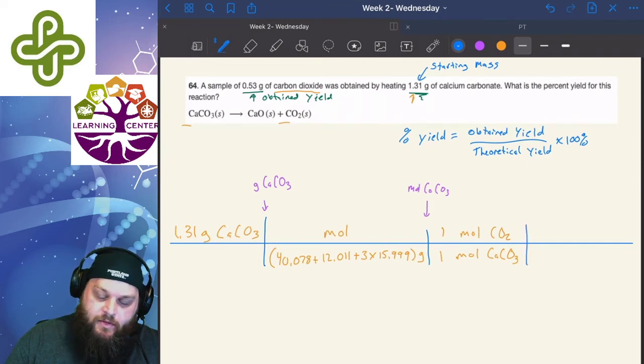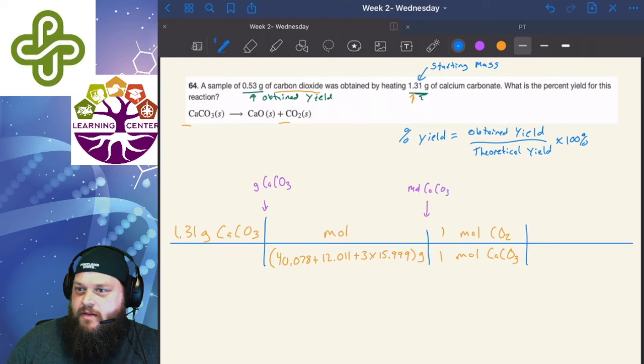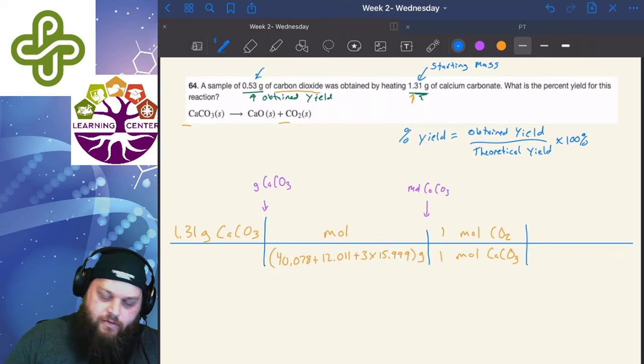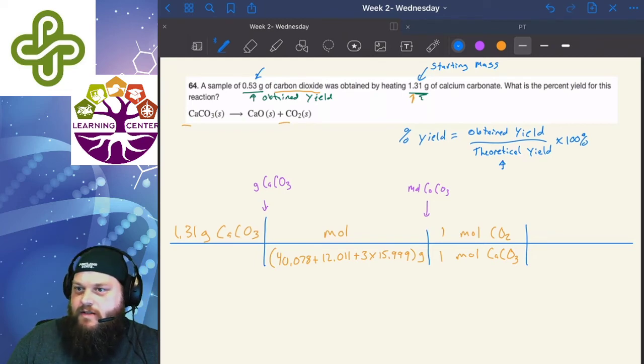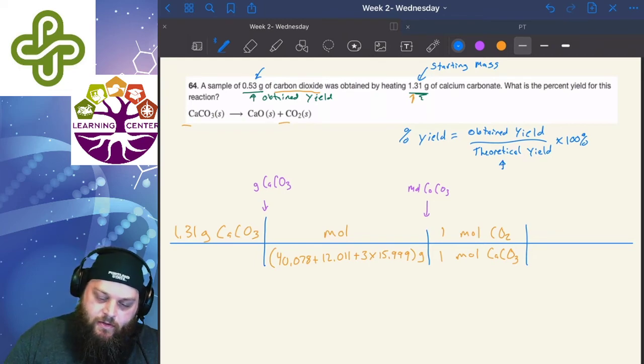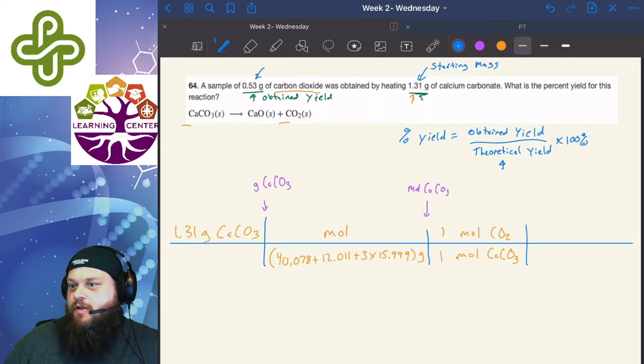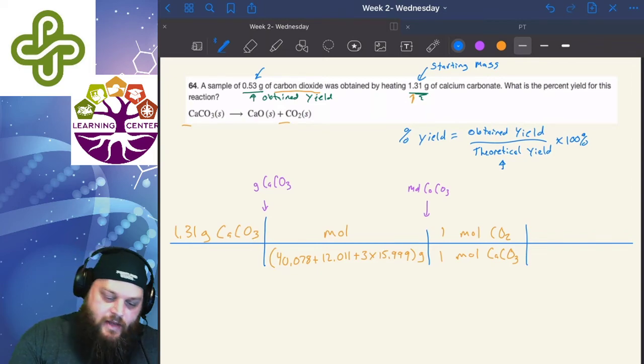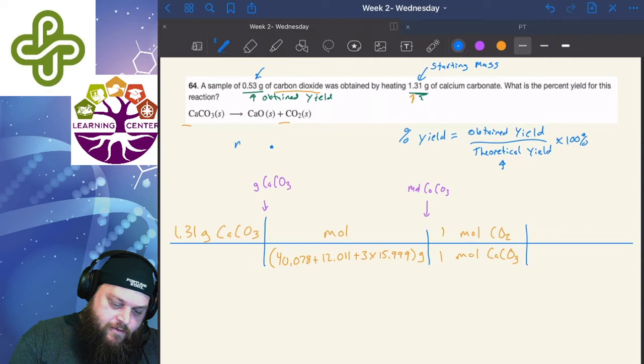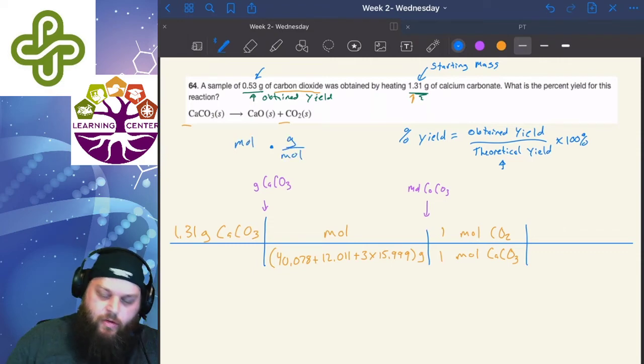Last thing we have to do is convert those moles into grams, because we need to compare it to the grams that we have. They need to be in the same units to do the yield. Now we have moles and we want to turn it into grams, so we multiply by grams per mole, which is your molar mass. So the moles cancel and we get grams.